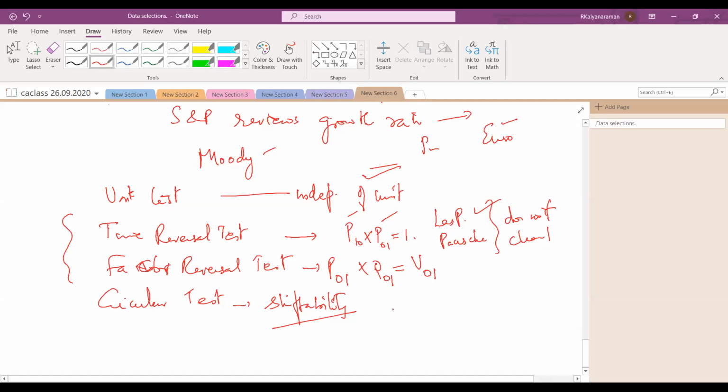So the simple geometric mean of the price relatives and the weighted aggregative with fixed weights meet this test.